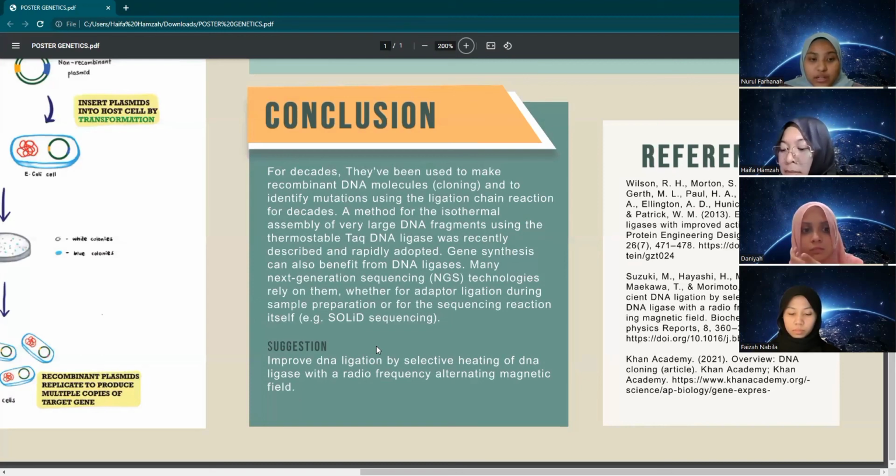As a result, the ligation efficiency increased. This research concluded that the higher the field amplitude, the higher the efficiency of the ligation. So that's all for our group. Thank you.